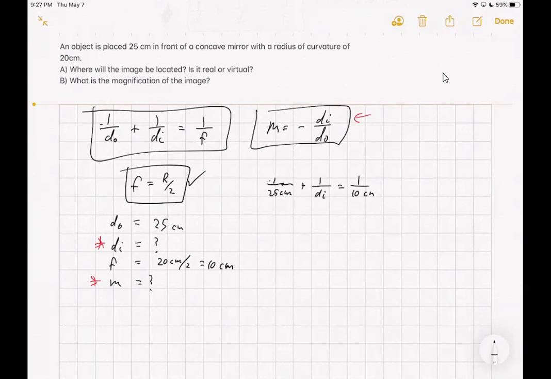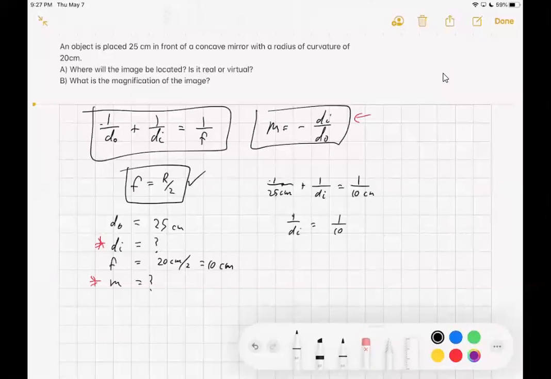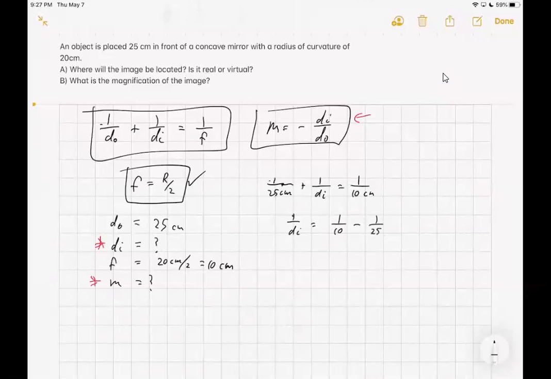We're going to be solving for dI, so 1 over dI is equal to 1/10 minus 1/25. This is all much nicer if we get a common denominator. When the numbers are nice like this, you may want to get a common denominator. When the numbers aren't nice, just do the subtraction in your calculator, and then take the reciprocal in the last step. But these numbers are nice.